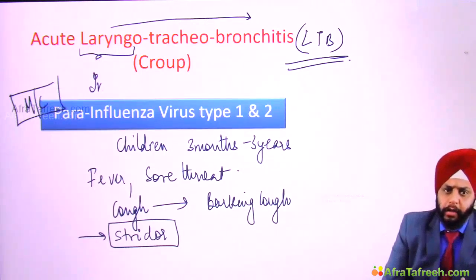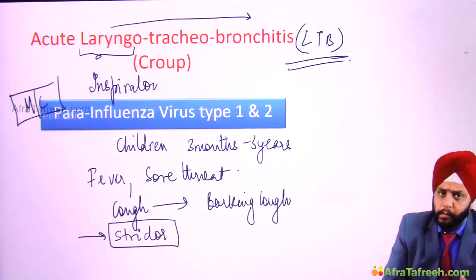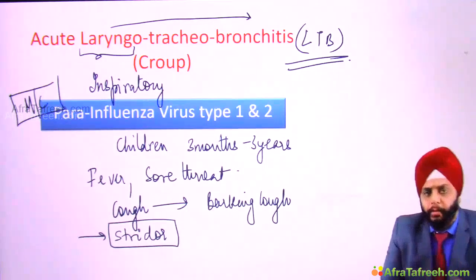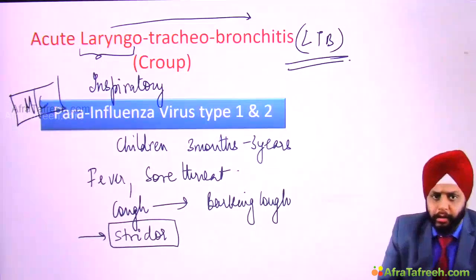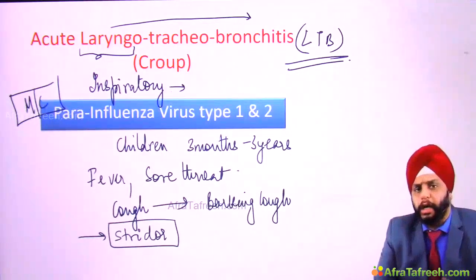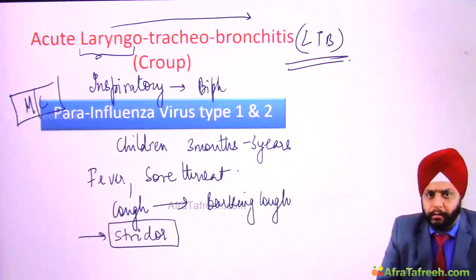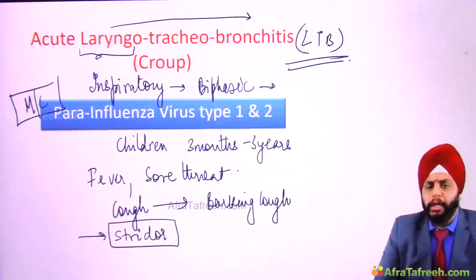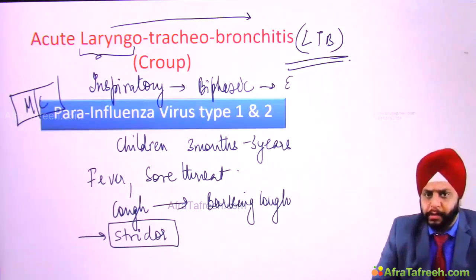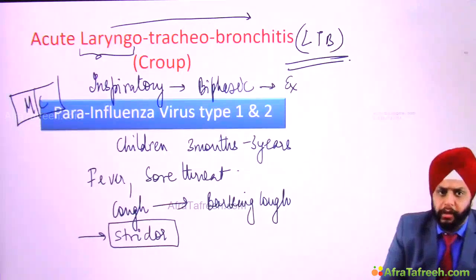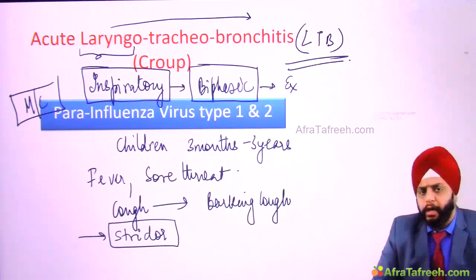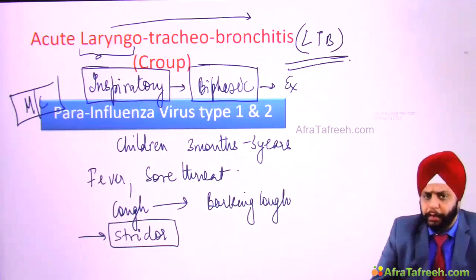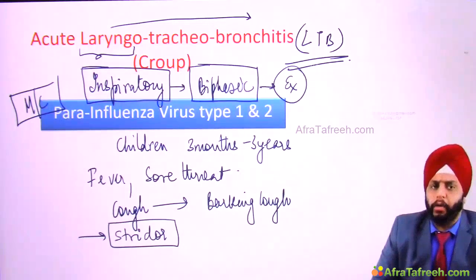But when the inflammation involves the subglottis and goes to the trachea, we can have biphasic stridor. And in some later cases, even expiratory stridor is seen, right? So in the initial stages it is inspiratory stridor, then it becomes biphasic stridor when the subglottis is inflamed, and in some late stages it can even become an expiratory stridor.